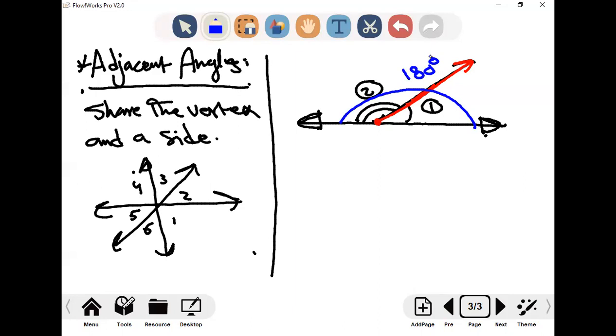Got it? Are 2 and 3 on a straight line? No. But 2, 1 and 6 are on a straight line.